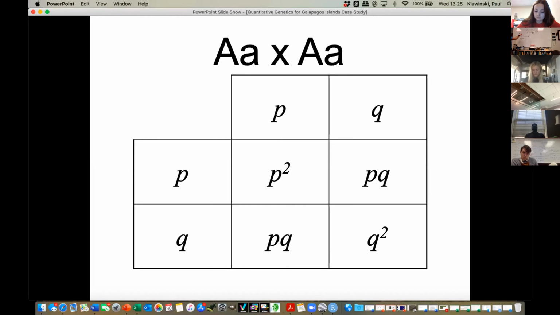So the Hardy-Weinberg equilibrium equation allows us to compute genotype frequencies if we know allele frequencies. So P and Q are allele frequencies. P squared, 2PQ, and Q squared are genotype frequencies.